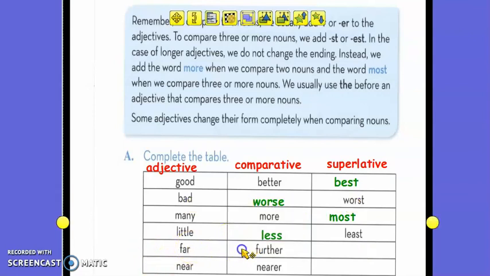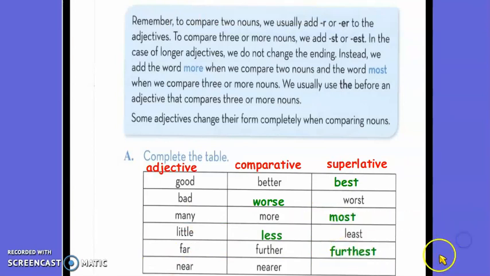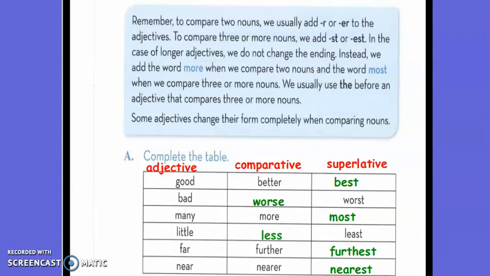Far, further, and furthest. Near, nearer, nearest. You have to memorize these adjectives. This table is very important, my students. We should try to memorize the adjectives that are exceptions.